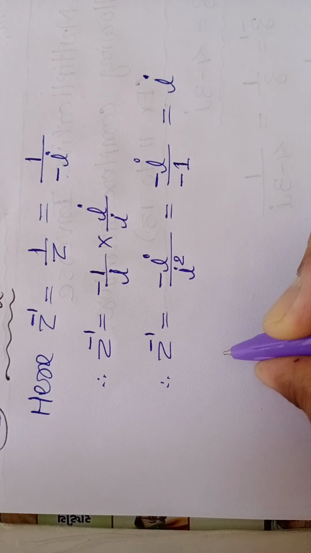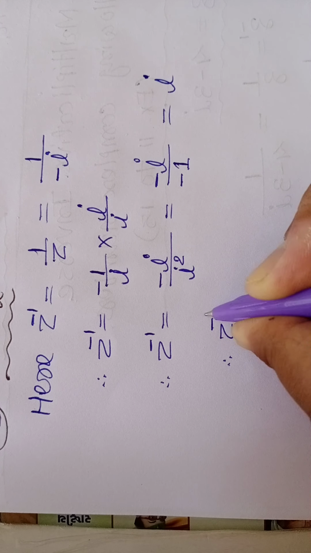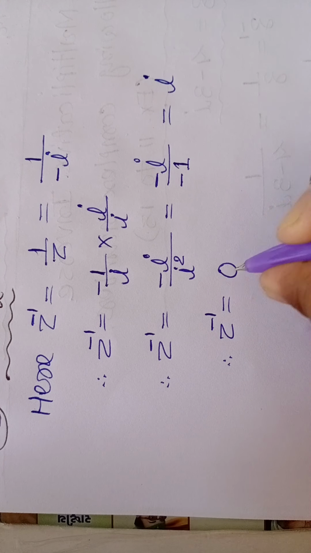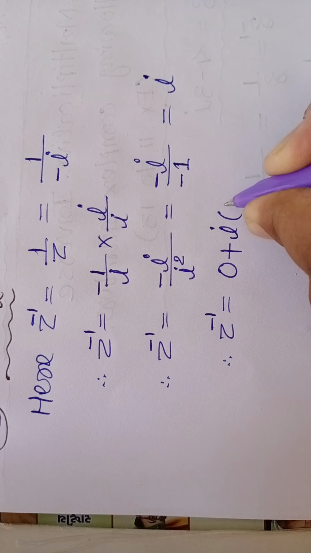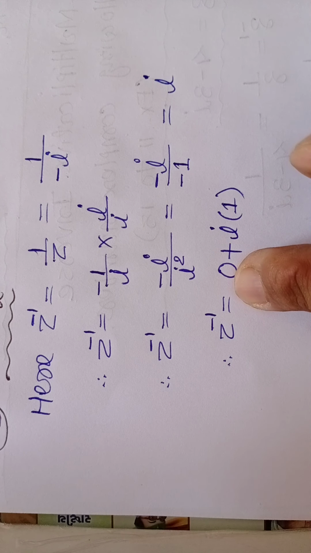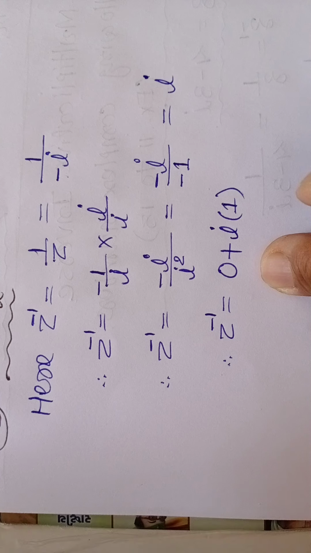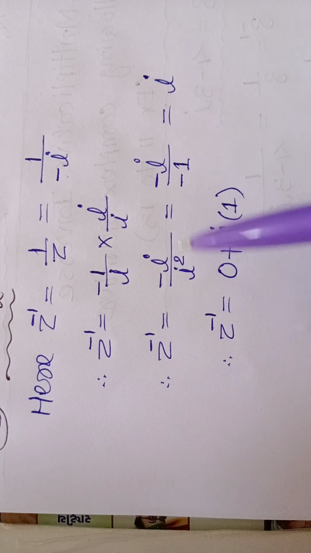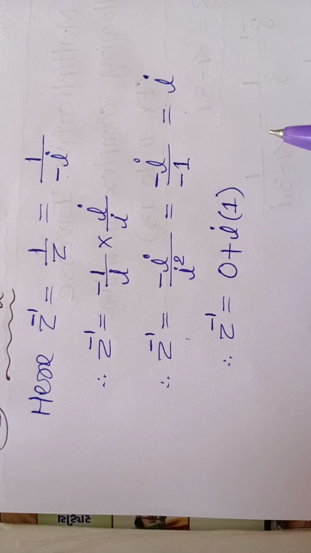My dear friend, this plus i can also be written as 0 plus i into 1. Remember that. See here, the real part is 0. So if the real part is 0, then the complex number is said to be a purely imaginary number. Remember that when you get a complex number consisting only of an imaginary part, that number is said to be purely imaginary.